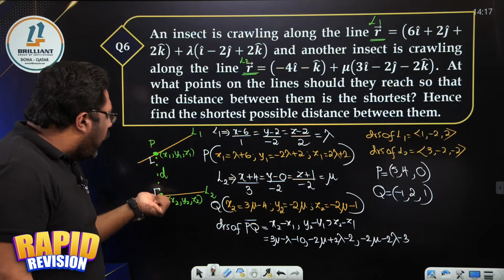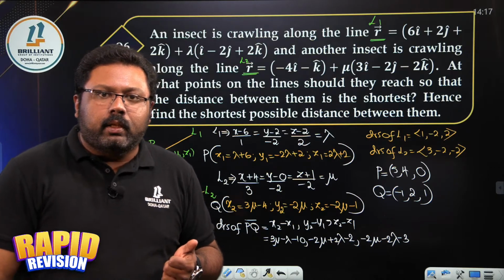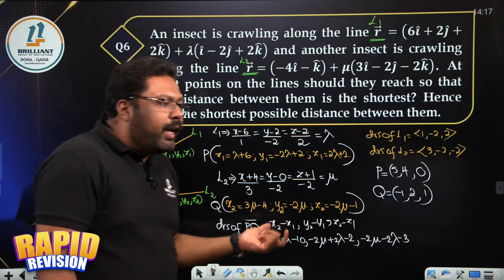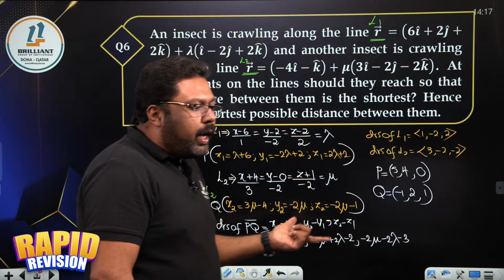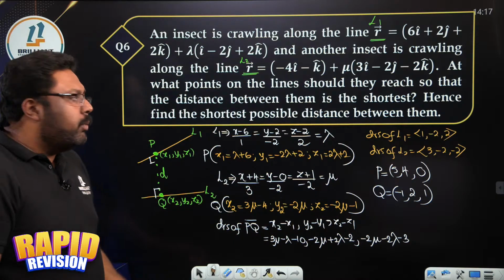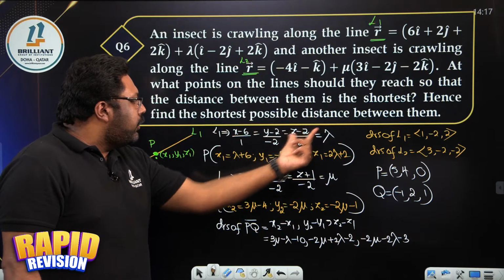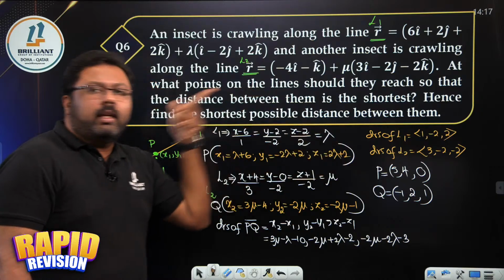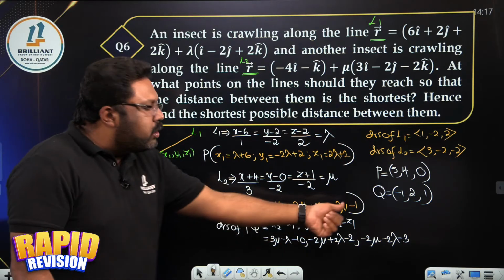The coordinates of the points where the distance between the two insects is the shortest. It looks like a very, very different question, but actually it's not lengthy. I wrote the first equation in Cartesian form and the coordinates of that point, then the second equation in Cartesian form and the coordinates of that point.